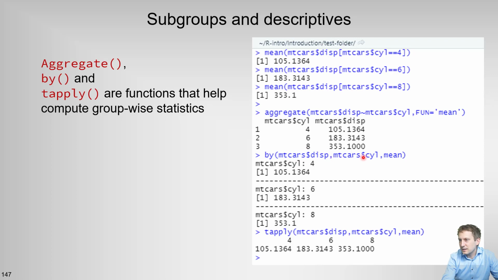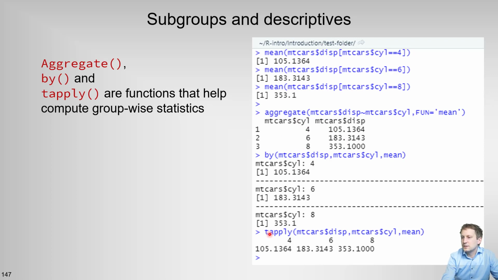Then the second argument is what you want to apply this function by, and in this case, it's cylinders. Then which function you want to apply? You want to apply the mean. Here you get the same values. It's just that the output is not a data frame. You could turn this into a vector where you have simply these three different averages. But I like this data frame output where I have in the data frame not only the average displacement numbers, but also the corresponding number of cylinders.